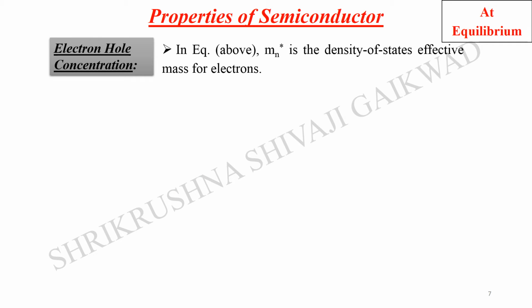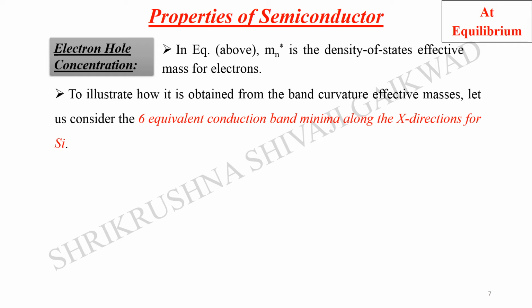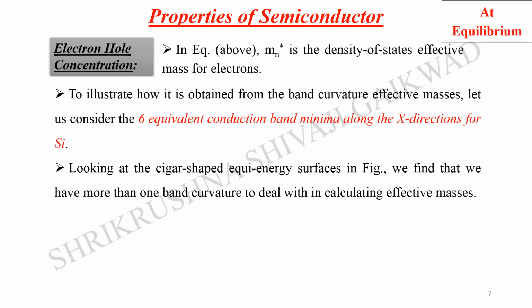Also, in the equation above, m_n star is the density of states effective mass for the electrons. To illustrate how it is obtained from the curvature effective masses, let us consider the 6 equivalent conduction band minima along the x direction for the silicon case.